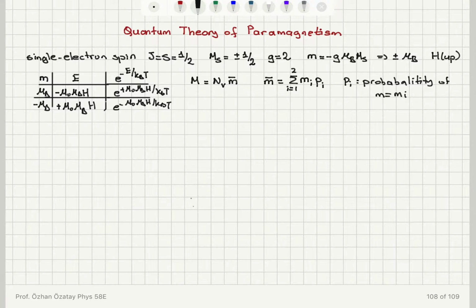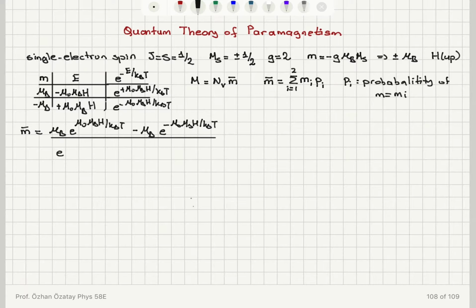So if you calculate this, you will find m bar is equal to, so we have the first scenario, m is equal to mu b, with the corresponding Boltzmann factor e to the plus mu0 mu b H over kBT, and then the second possibility is minus mu b with the corresponding Boltzmann factor e to the minus mu0 mu b H over kBT, and this has to be divided by the partition function, e to the plus mu0 mu b H over kBT plus e to the minus mu0 mu b H over kBT.